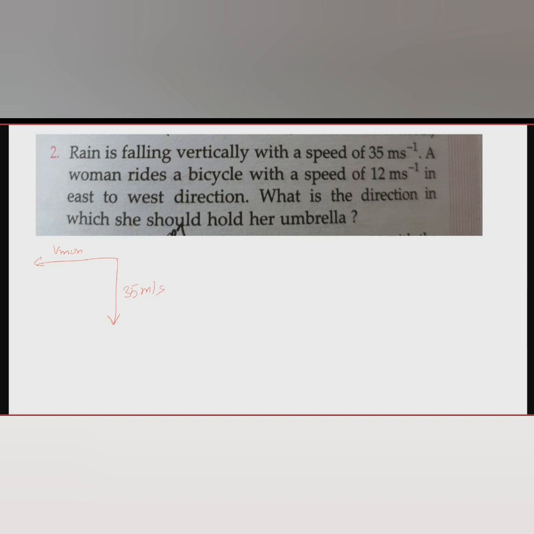So now, what do I need to calculate? First of all, tell me, I should calculate velocity of woman with respect to rain, or I should calculate velocity of rain with respect to woman.